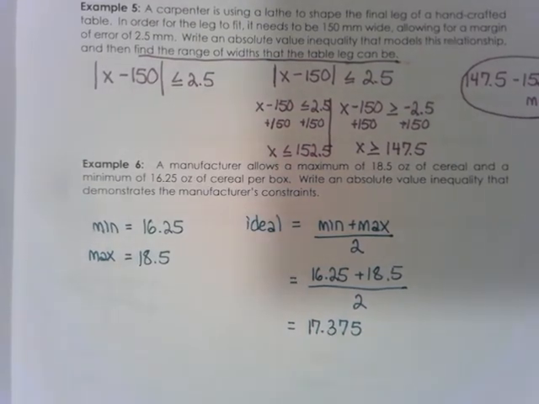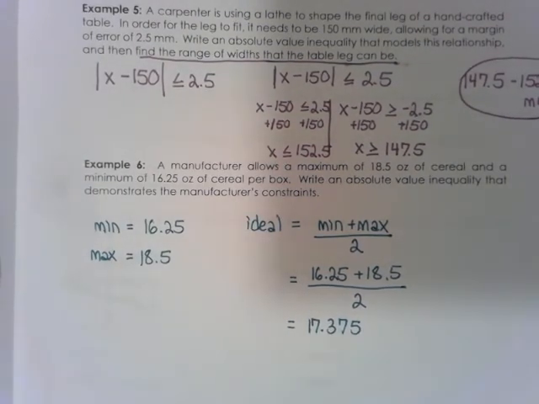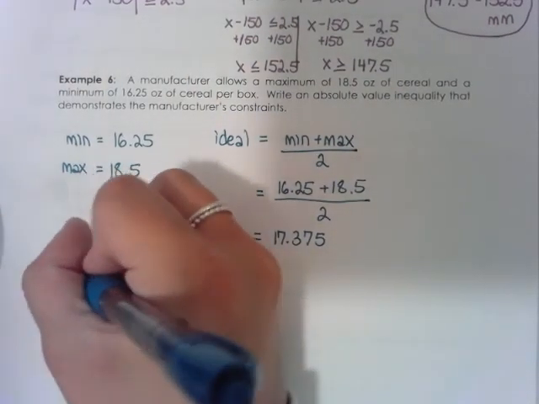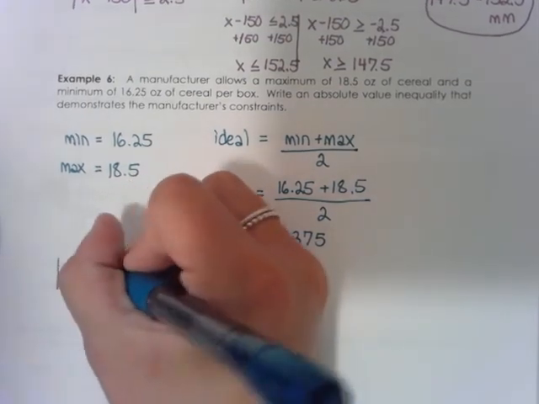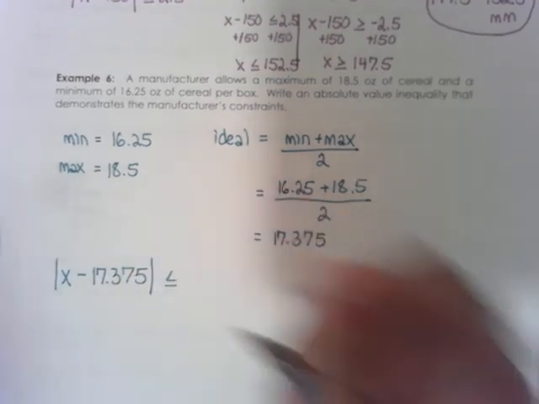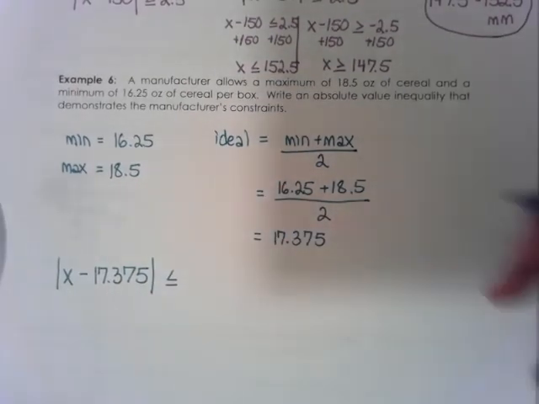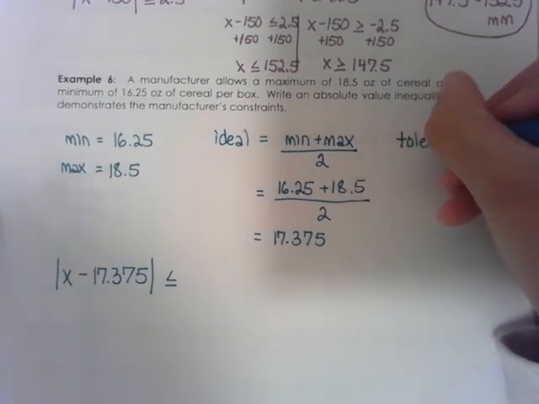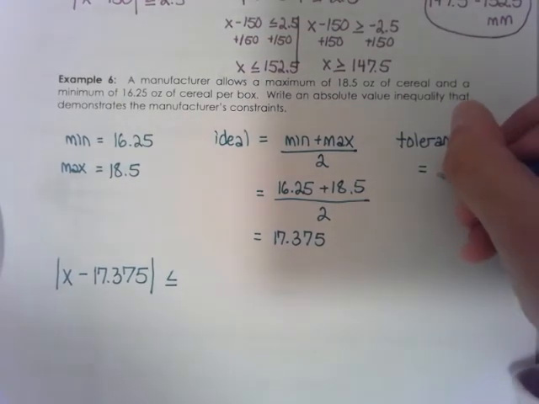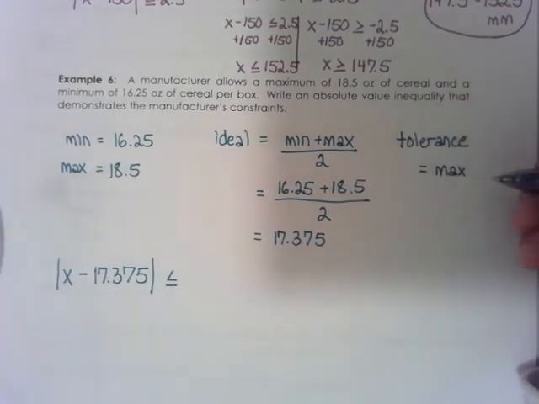This value is our ideal. We don't know what the actual box is. The actual box depends on which box you pick up. So we now know x minus 17.375. But we still don't know what our tolerance or our margin of error is. To find our tolerance, we have to do our max, or we could do our minimum, minus the ideal.